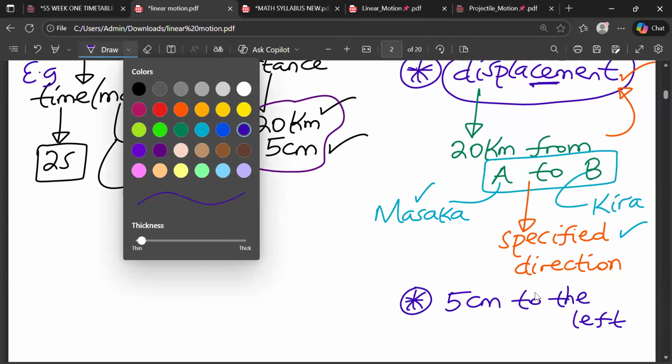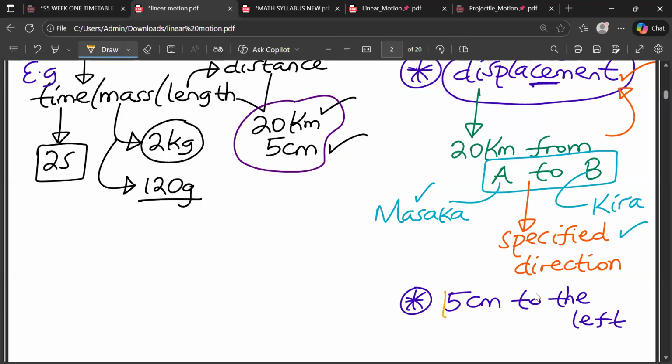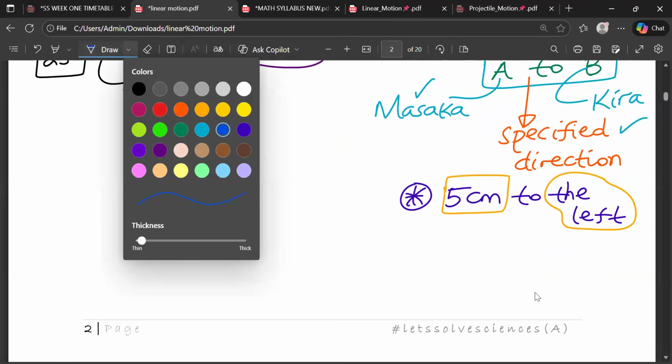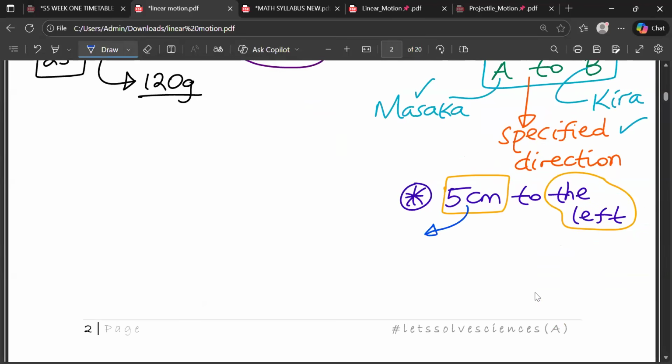So the moment they say "to the left," this one is a distance, but it is a distance in a specified direction, so it becomes displacement. So 5 centimeters alone is a length. Let's assume these are 5 centimeters between 2 points. And we said length between 2 fixed points is a distance.